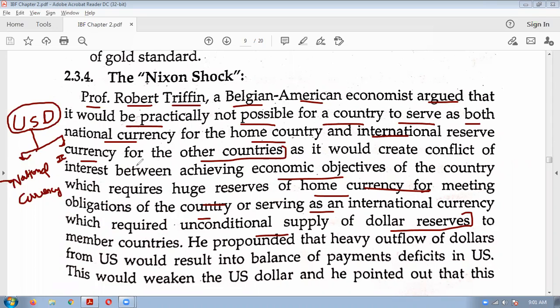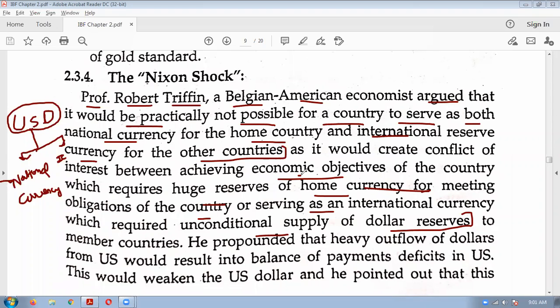Okay, understanding. So why? Because for economic development of a country, it will require huge reserves of home currency. So if India is there, so if government of India wants to do some infrastructure development in the country, it will require rupees, no? Okay. Similarly, if US government wants to do some development in their country, they will require US dollars.